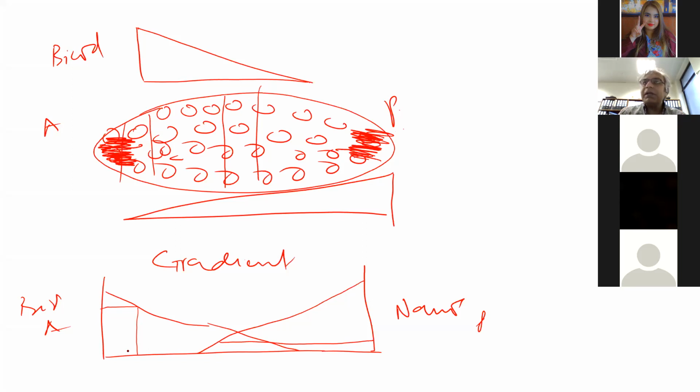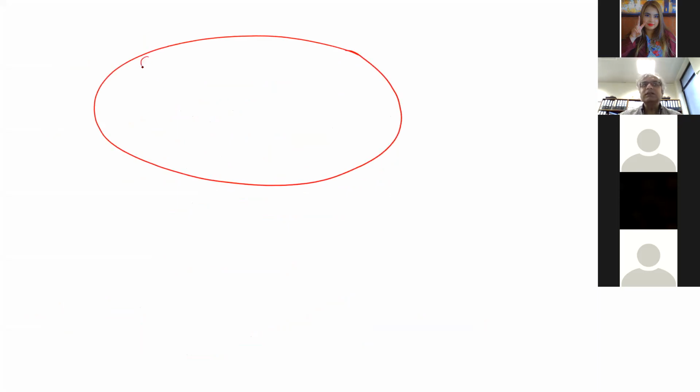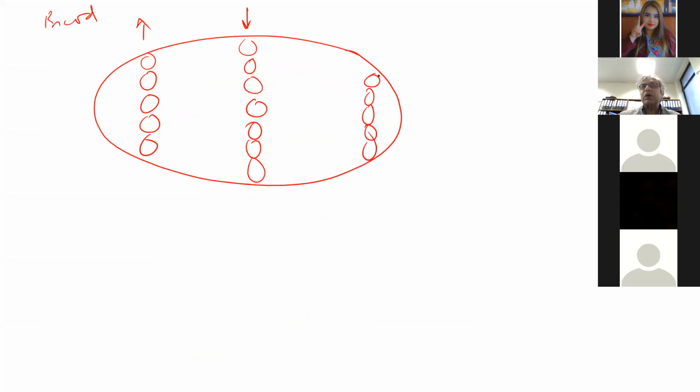As a result, what is happening? The result is we have a cell population which is exposed to high bicoid, and a cell population which is exposed to least bicoid. Similarly, we have cells which are exposed to high nanos and cells which are exposed to least nanos.